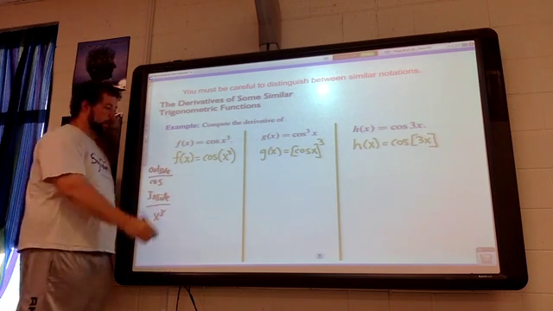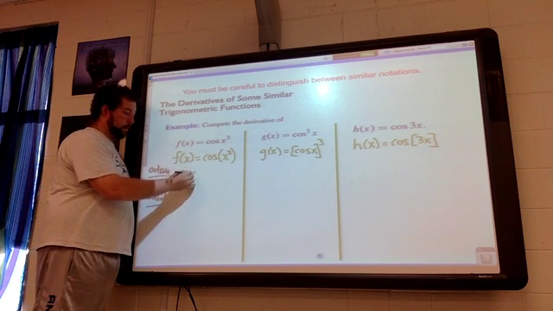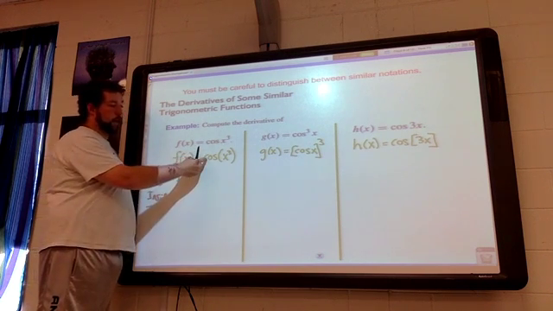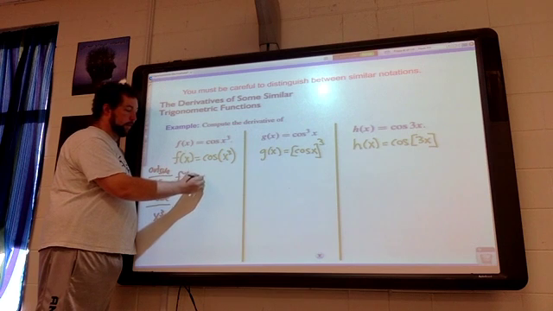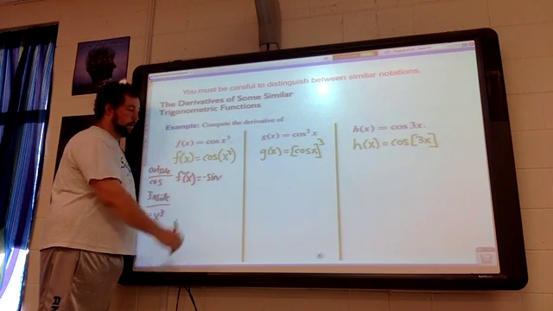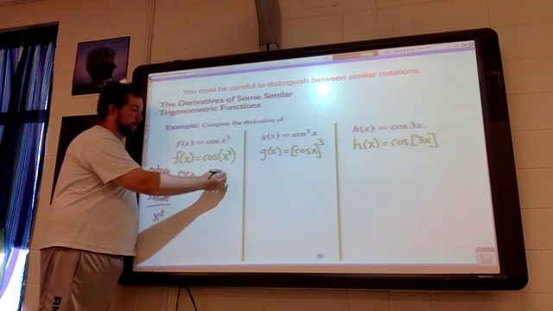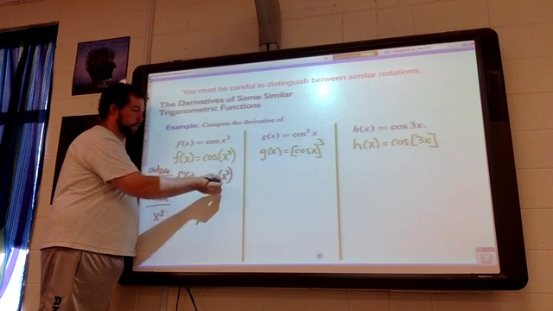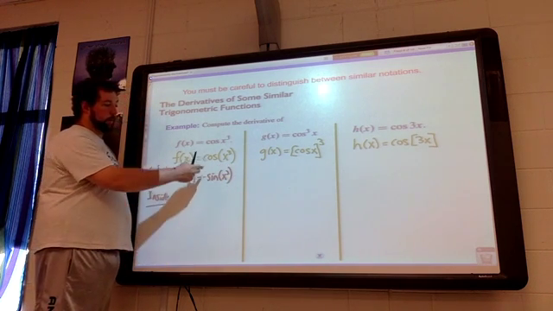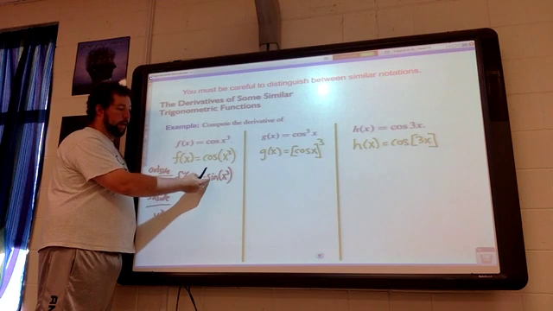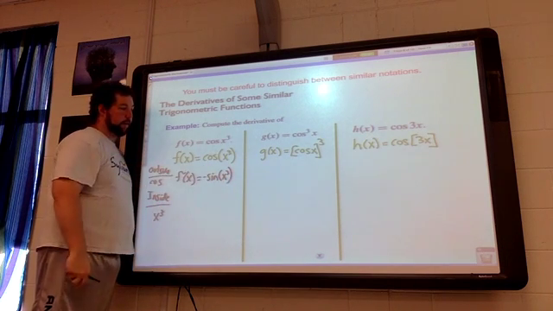All right, so when we do our chain rule for our derivative, we take the derivative of cosine, which is a negative sine, with the x cubed still inside. That was the derivative of the outside, the cosine was turned into a negative sine with the inside still inside.